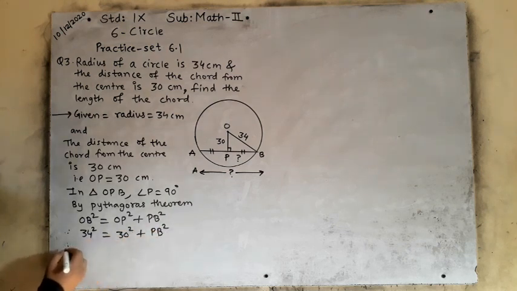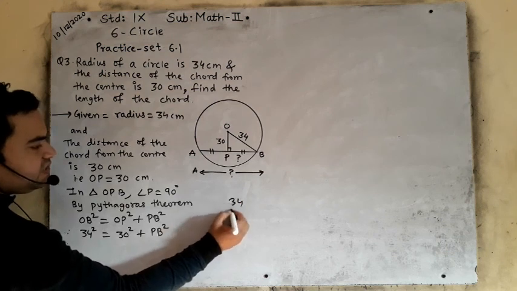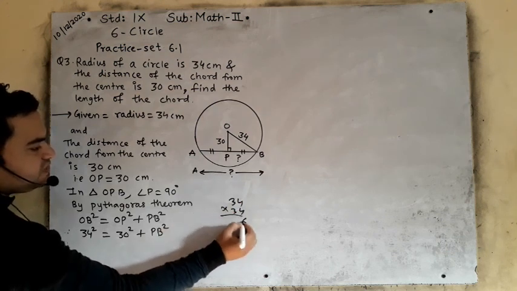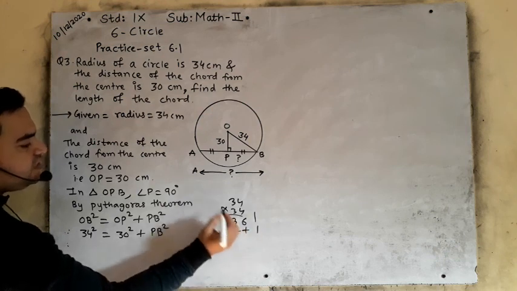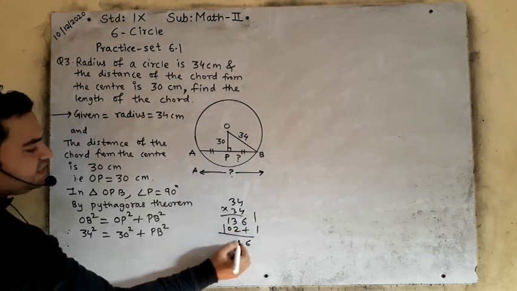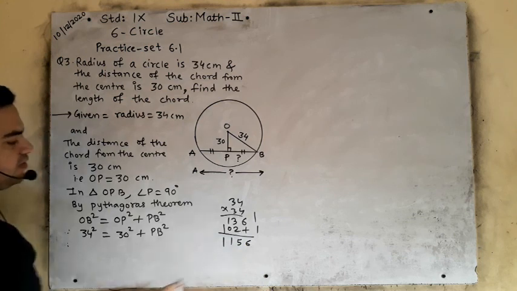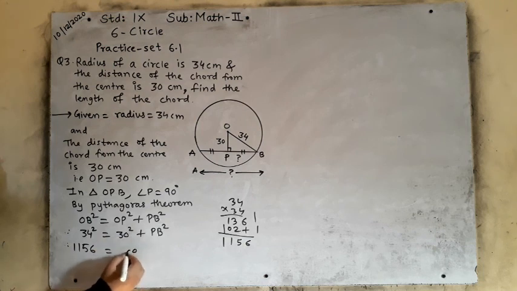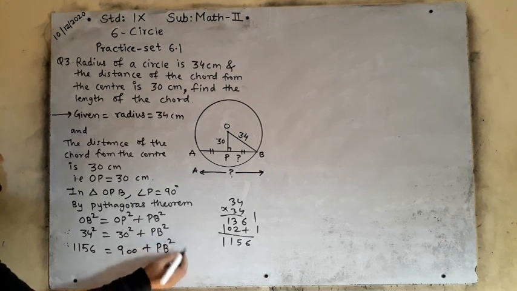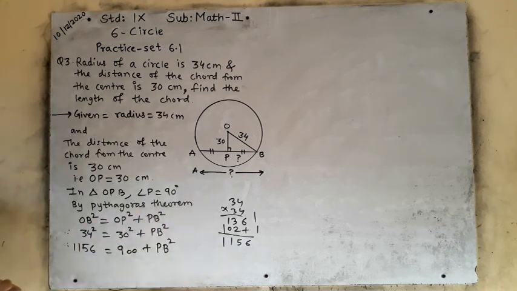So you will multiply 34 square and check how much. 4 4s are 16, 4 3s are 12 and 1 is 13, 3 4s are 12, 3 3s are 9 and 1 is 10, so 1156. So 1156 is equal to 30 square, which is 900, plus PB square. You can find it by multiplying as well, no problem.